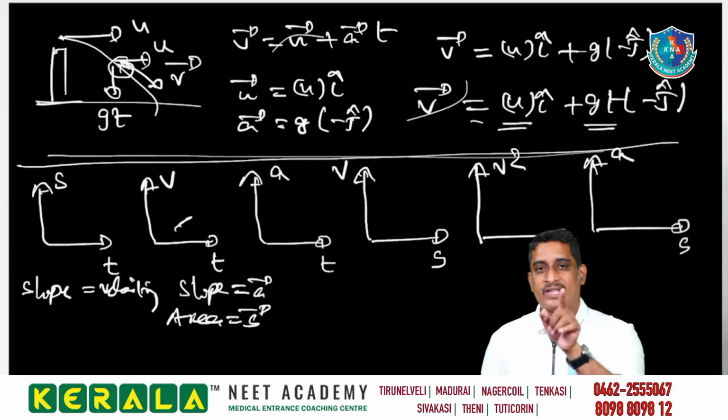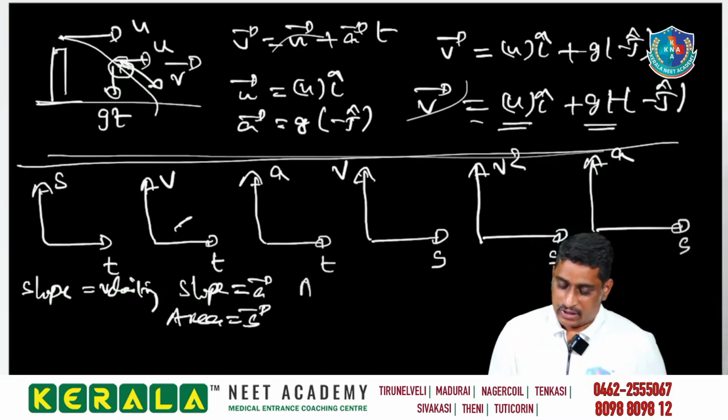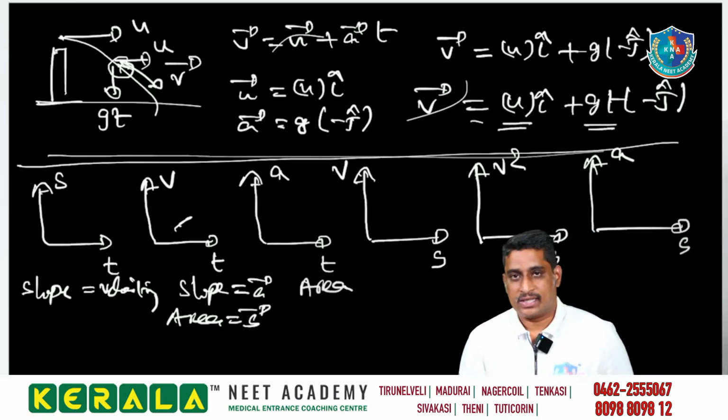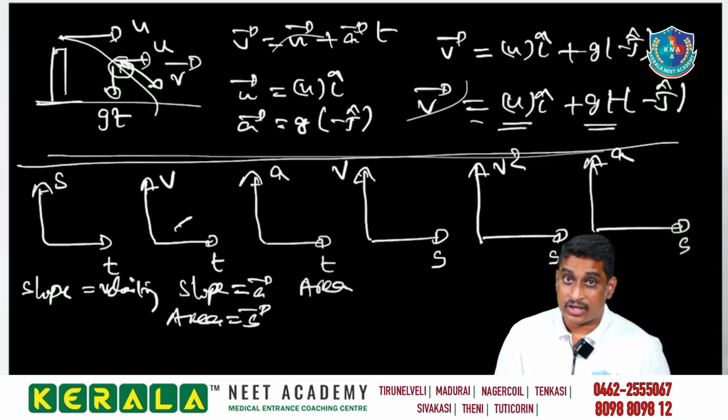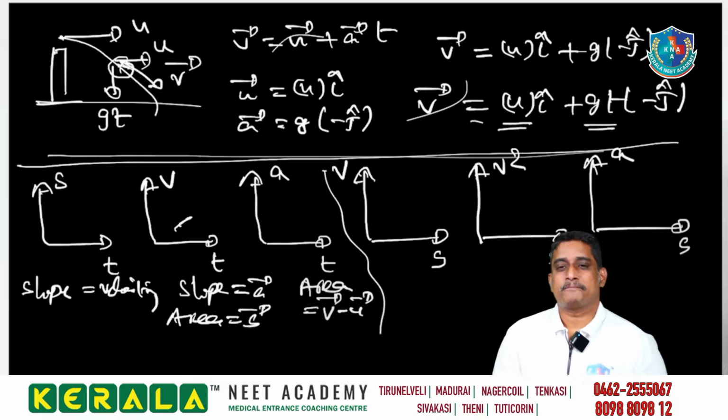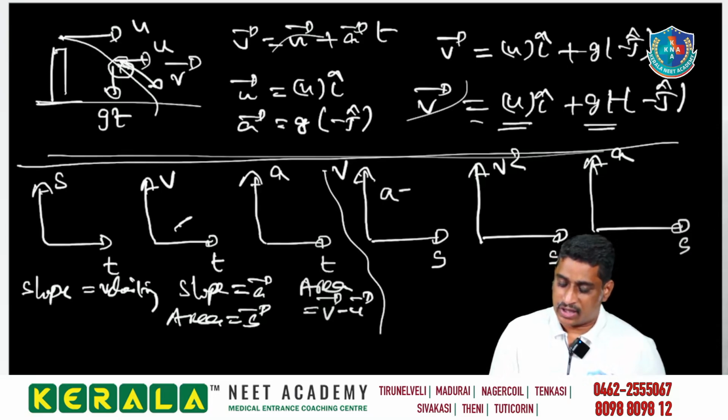Come to the acceleration time graph. We have significance of area only in this case. So the area under the acceleration time graph represents the change in velocity of the particle, final velocity minus initial velocity. If you come to the other graphs, like velocity displacement, you are very much familiar with one particular equation: acceleration of a particle can be written as v into dv by ds.